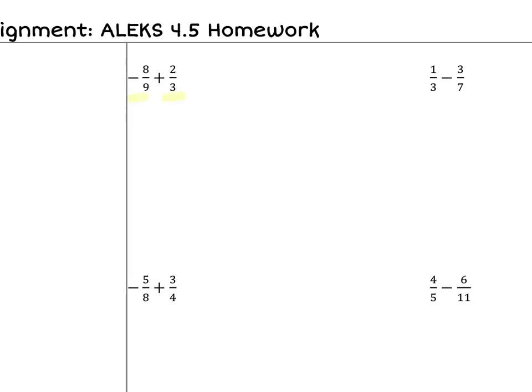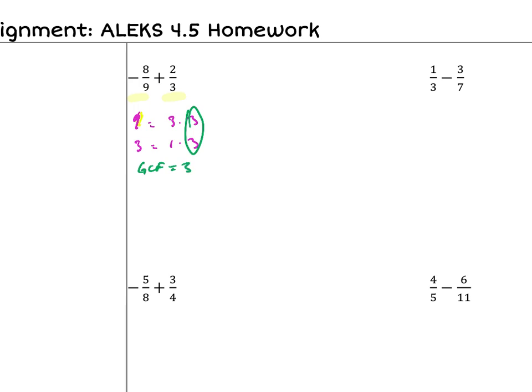I look at 3 and 9. 9 is 3 times 3, and 3 is 1 times 3. So in this situation they have the 3 in common, and that's going to be the greatest common factor.